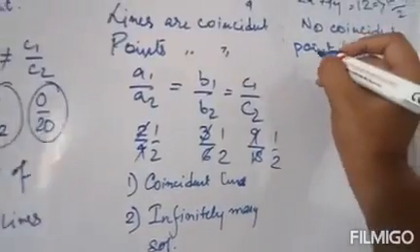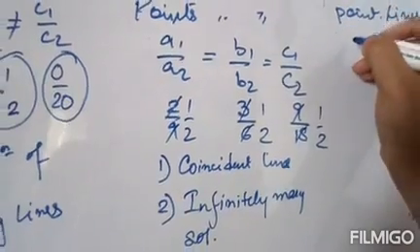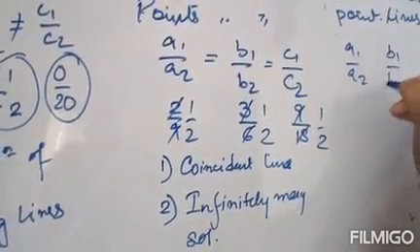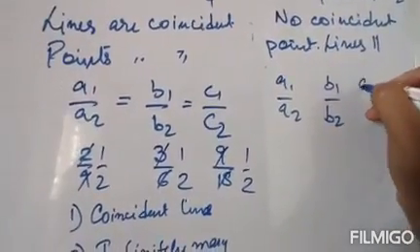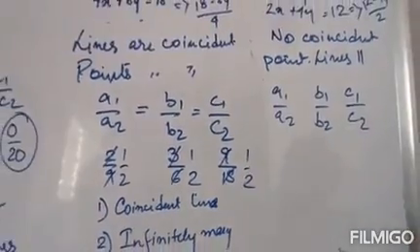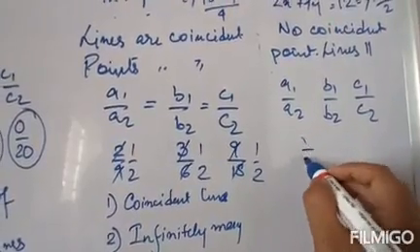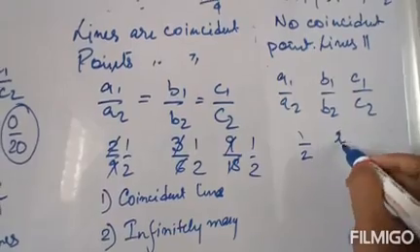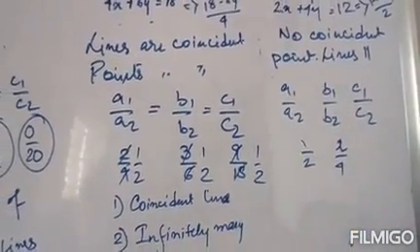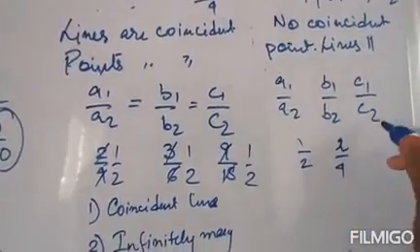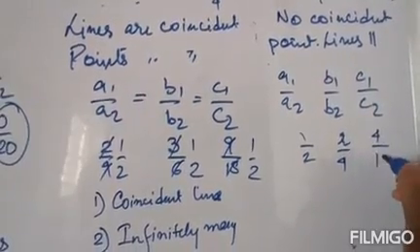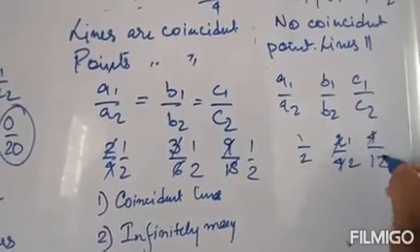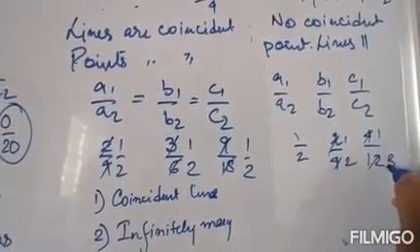Okay, and from the third one, let us see. A1 A2, B1 B2 and C1 C2. From there, first is half, second is also 2 by 4, and third one is 4 by 12. So this is also half, this is 1 by 3.